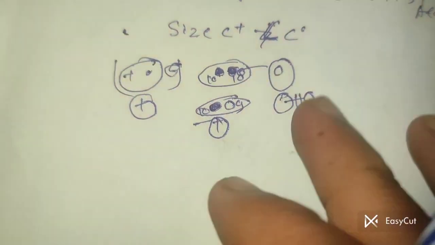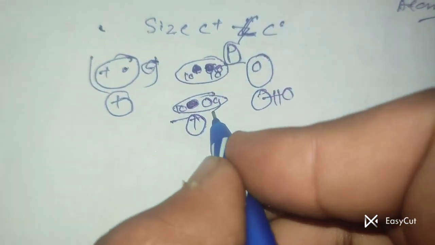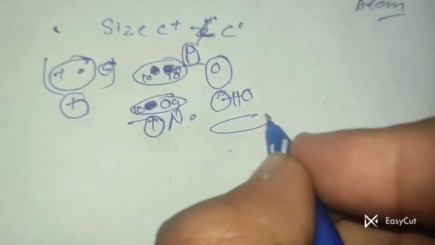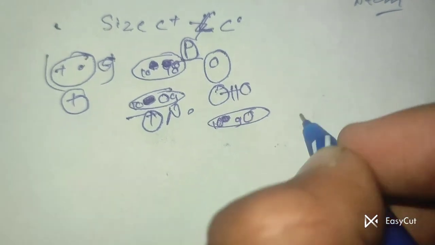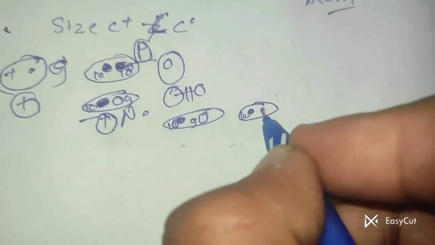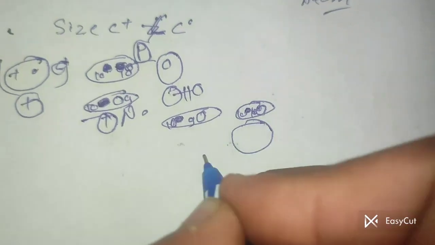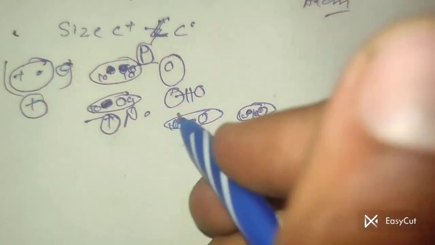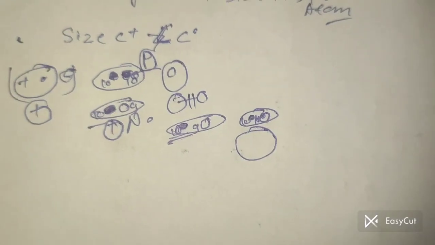For example, this is your parent atom and this is now your new atom. The new one has 10 blue marbles and 9 white marbles, and your parent atom has 10 and 10. So we clearly see that the size of the parent is larger because it has an extra marble with respect to your new situation.